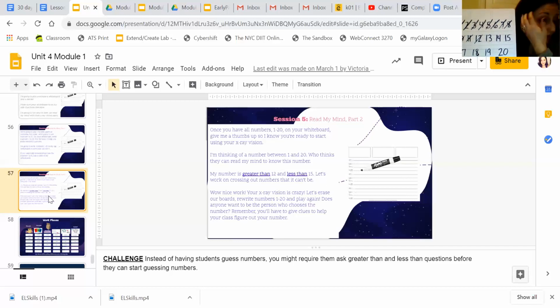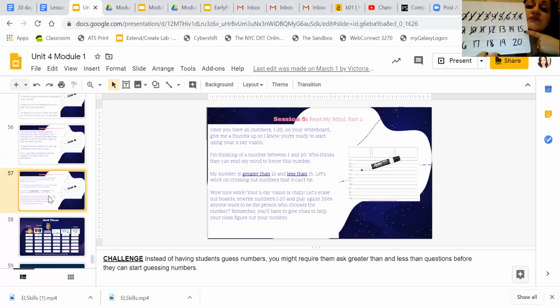I'm going to give you the second clue. The second clue is it's greater than 12, but it's less than 15. Greater than 12, but less than 15. Okay, so, let's look at our boards here. We have to point to the number 15.